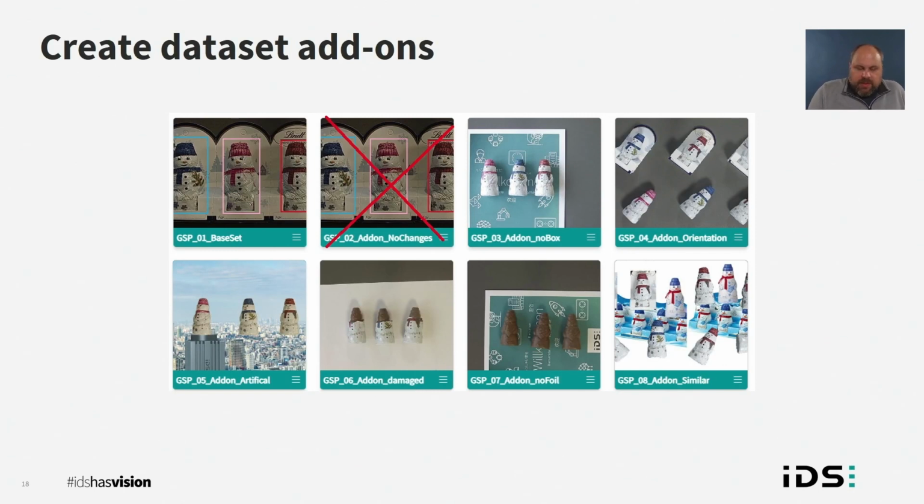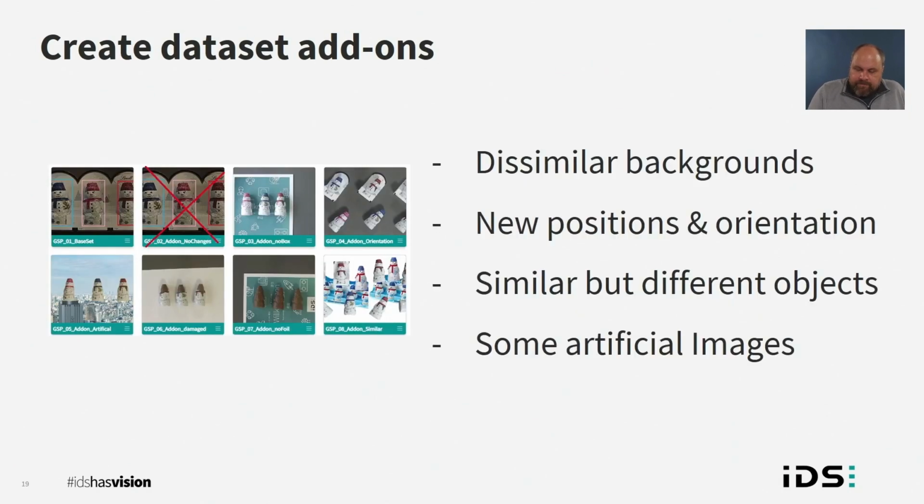In this case, I created about 6 add-ons, and together with the base data set, I used that for training a new network. Some of the main features: dissimilar backgrounds, new positions and orientations, similar but different objects in the scene, and of course some artificially created images to round it up.